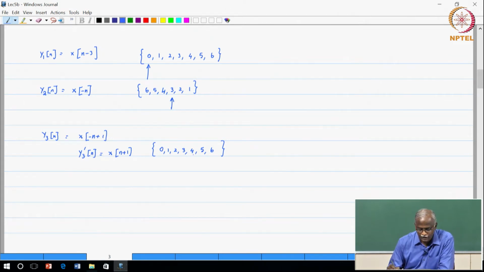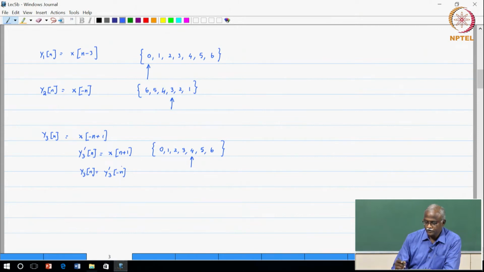So the origin now becomes 4. Originally it was at 3, the whole sequence has moved by 1 unit to the left. The next step you get is y3 of n is y3 dash of minus n. You can verify that is actually x of minus n plus 1. But it is much easier to flip y3 dash of n.